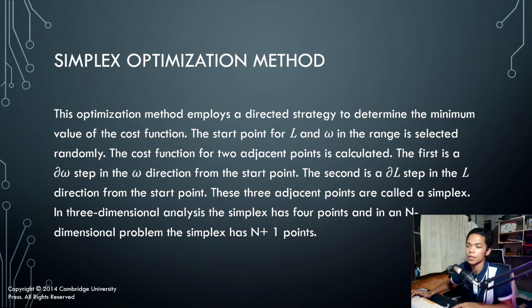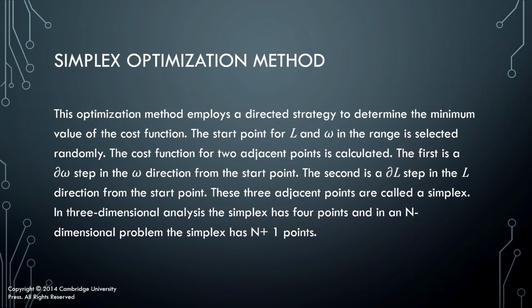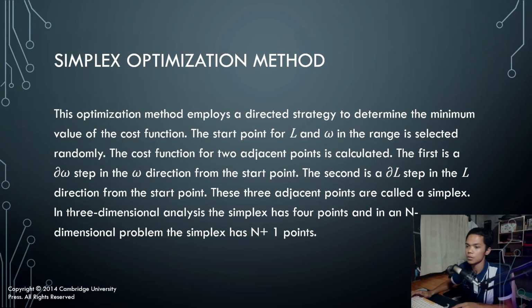The second is a delta L step in the L direction from the start point. Then these three adjacent points are called a simplex. In three-dimensional analysis, the simplex has 4 points, and in an n-dimensional problem, the simplex has n plus 1 points.